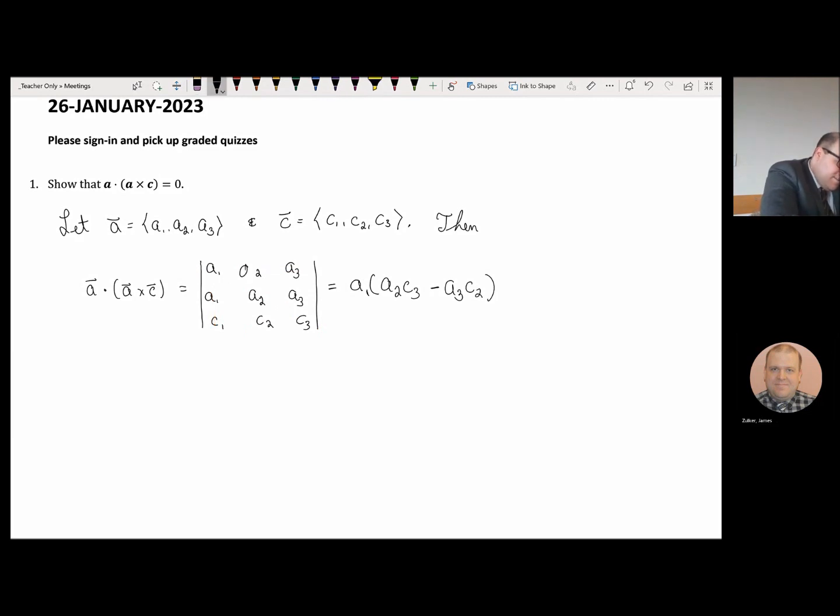That is then minus. Take your second entry in row 1. Then you do the same thing, right? You want to eliminate row 1, column 2 now. And then it's the determinant of the remaining matrix. In this case, it'll be A1C3 minus A3C1.